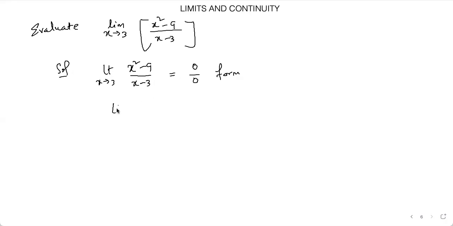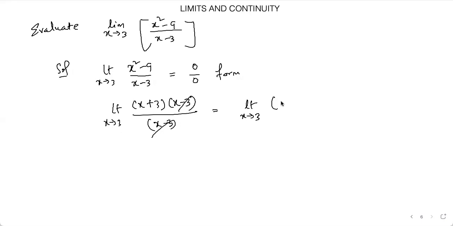So let us split it. That is (x plus 3) into (x minus 3), divided by x minus 3. So these two get cancelled, leaving the limit x tends to 3 of x plus 3. Let us substitute x as 3 now. So you get 3 plus 3, which is 6.